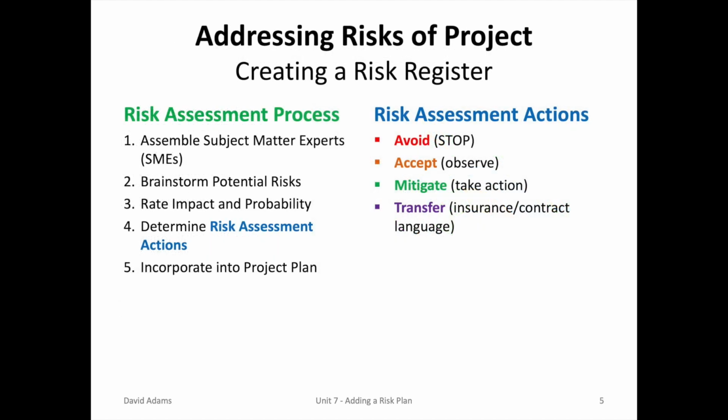So in creating a risk register, you need to go through a 5-step risk assessment process. And this should be started after you completed your first project schedule. Step 1 is assembling all your subject matter experts. And you want to assemble all the people who are experts, team members, people outside the team, anyone who could identify hazards that could impact the project.